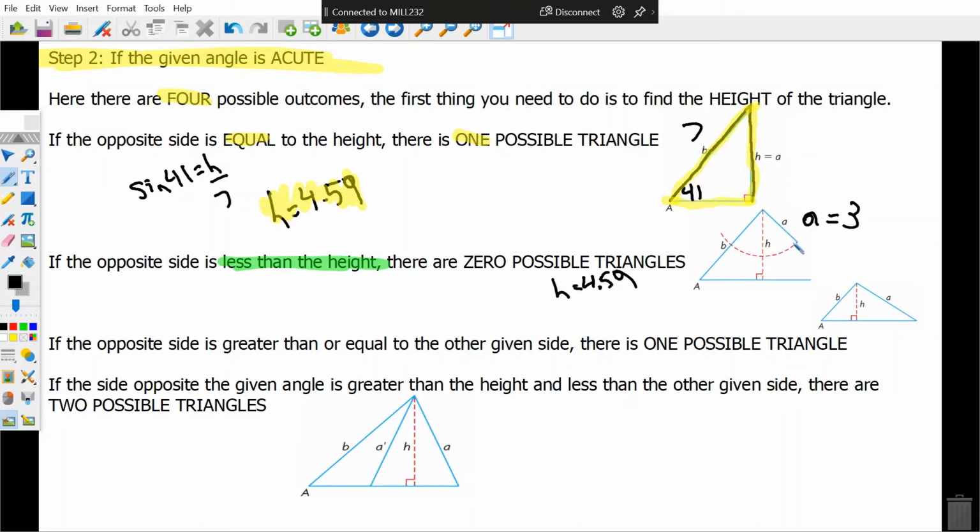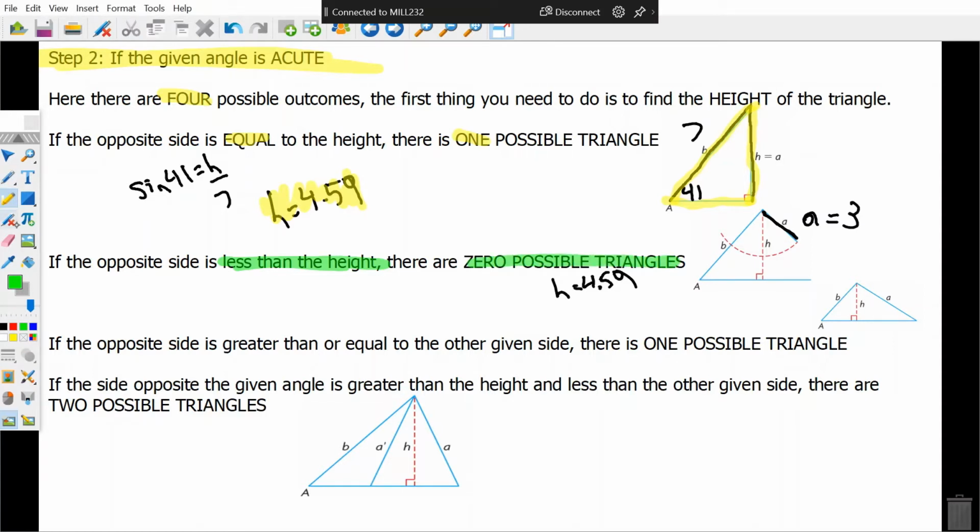There's no way, no matter where you swing this side length A, it can't make a triangle. It doesn't reach the ground. So if the opposite side is less than the height, there are 0 possible triangles.